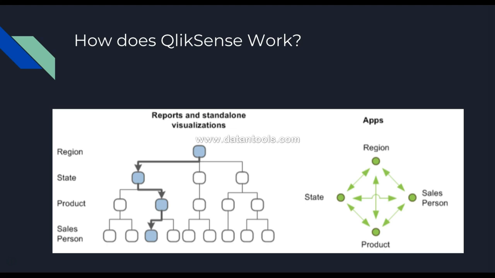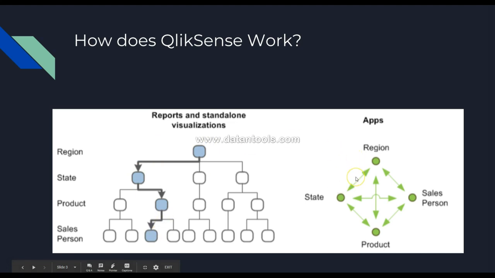Well, similar to Qlik View, as I said, it is inheriting how Qlik View works, because I saw this picture in 2013 as well, where they were trying to make a case that this is how the historical traditional BI system works, where you need to make a selection to reach a salesperson. You just cannot reach a salesperson directly. You need to first make a selection: region, then state, then product, then salesperson. So you need to follow a hierarchy.